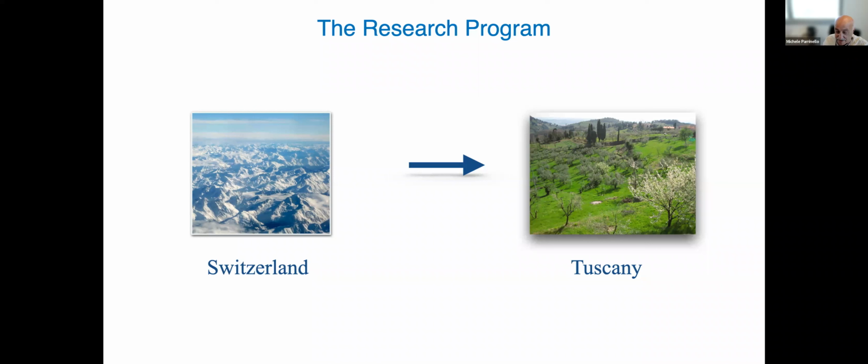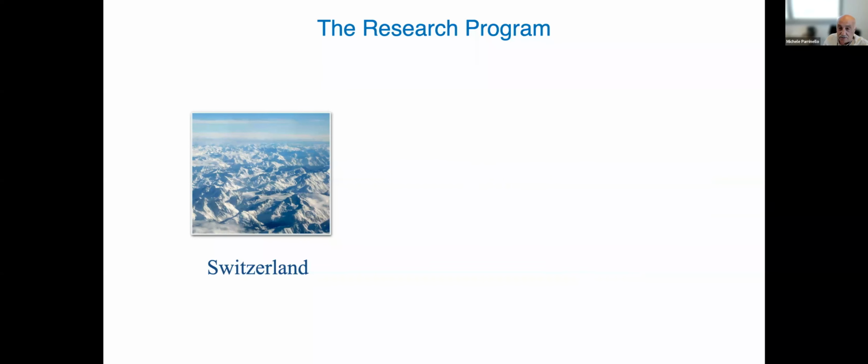I'm Italian, so you will forgive me for this patriotic example. So rather than moving through the mountains, which is difficult, we want to explore the more gentle landscape of Tuscany. But that's not enough, because you have to be able to go back.